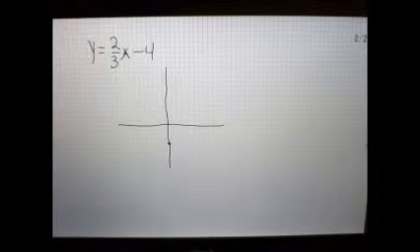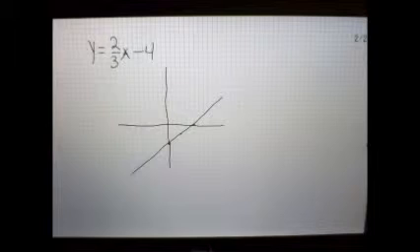If we go from the point here and go up 2 and over 3, 1, 2, 3, our next point would be right here. If we wanted a third point, we could go again up 2 and over 3, and that would give us our next point there. That gives us an indication of where we can actually draw our line from, and as you know, it will follow that particular pattern.